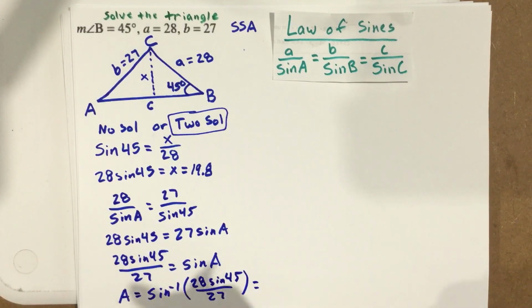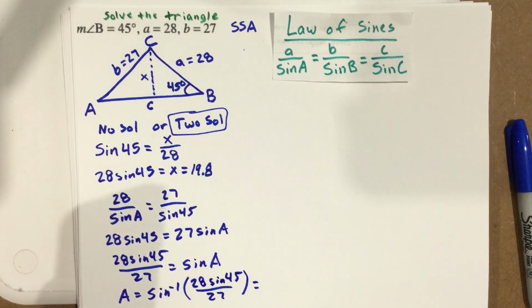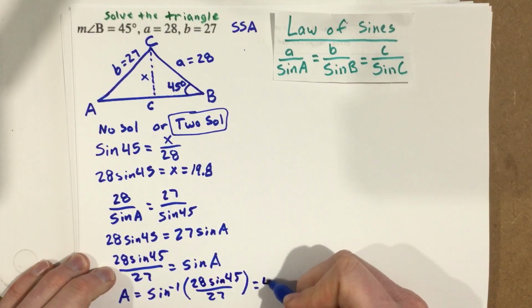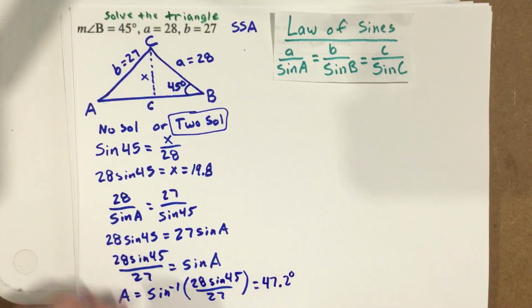So what's the angle there? Let's plug in the calculator. 28 sine 45 divided by 27. Let's do that inverse. We end up with 47, we'll round to the tenth, 47.2 degrees. Now what does that mean?